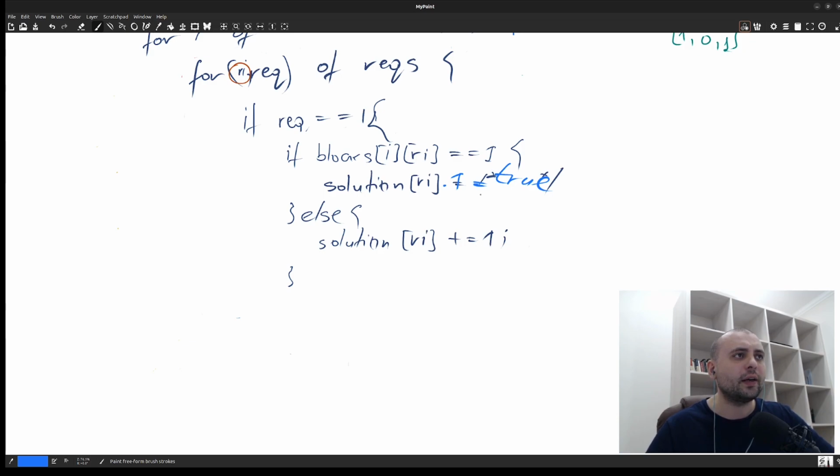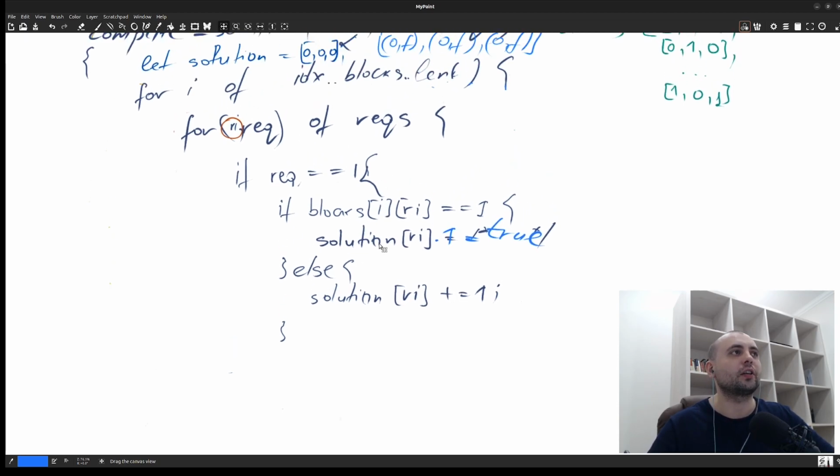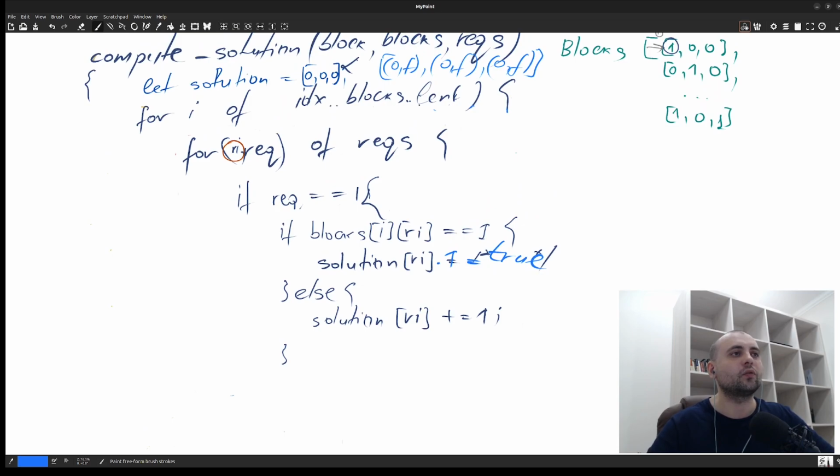Though here, I guess there could arrive the problem because we may still find in the next iteration, because remember, we are iterating through all the blocks. We may still find the same asset in some different block, and then we are increasing the distance, which is not correct.